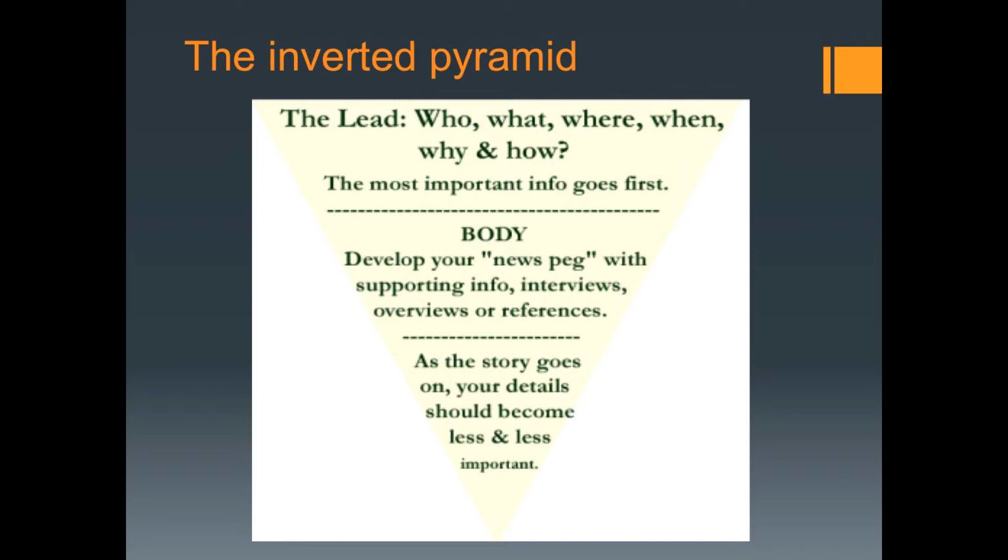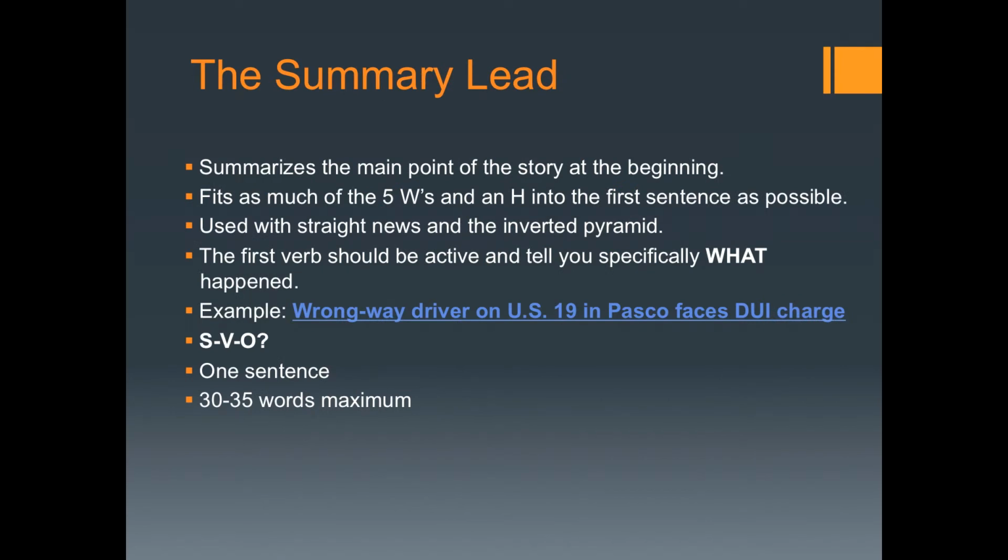And again, this is different than an academic essay where we're looking for that conclusion paragraph, something that kind of wraps it all up very nicely and neatly. The inverted pyramid just says, nope, go from what is most important to what is least important, and when you're done, cut the story.